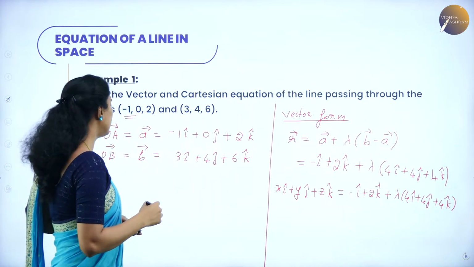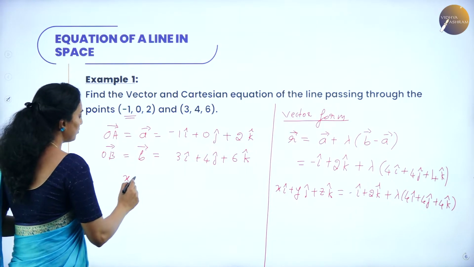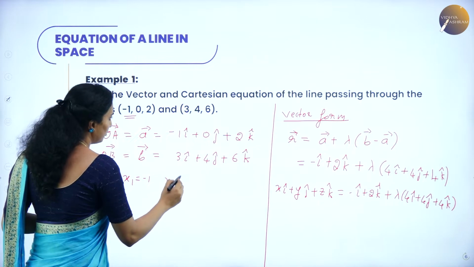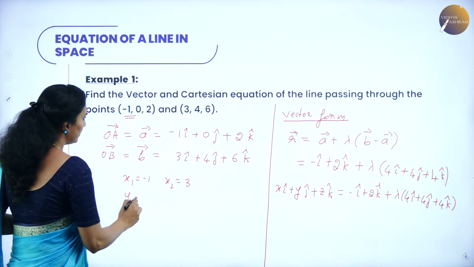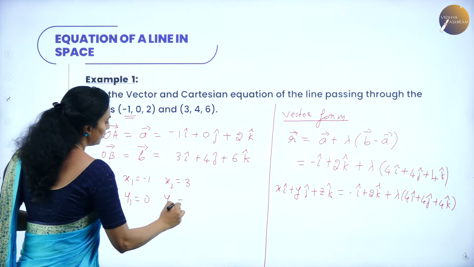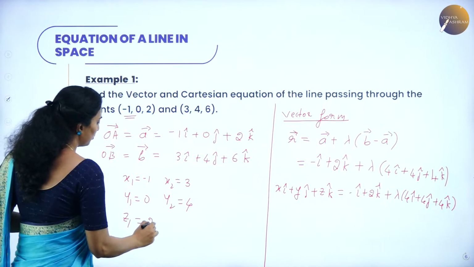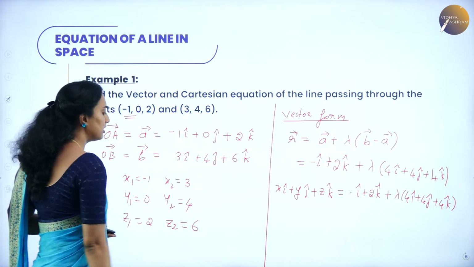So let me write it here if you are confused. x1 is equal to minus 1, x2 is equal to 3. y1 is equal to 0, y2 is equal to 4, and z1 is equal to 2, z2 is equal to 6.